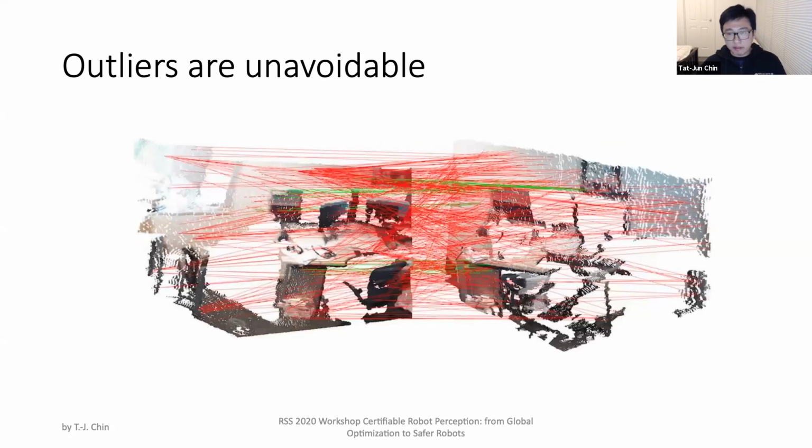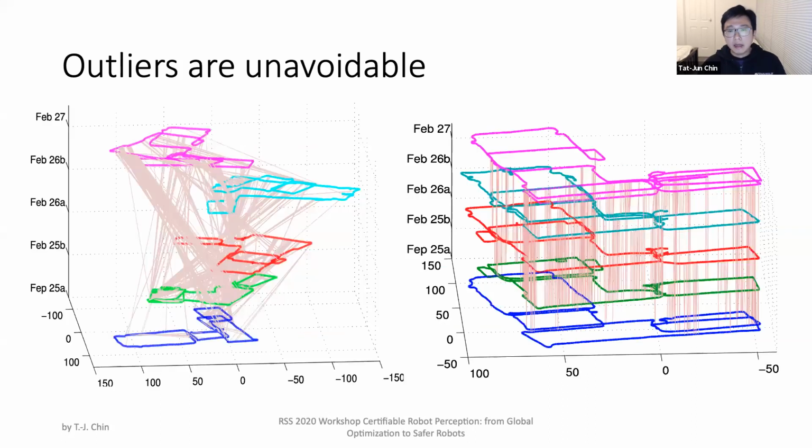Luca mentioned scan matching before. In robotics, often we want to match 3D point clouds. Again, a black box feature matching algorithm will give you wrong correspondences, which gives rise to outliers.